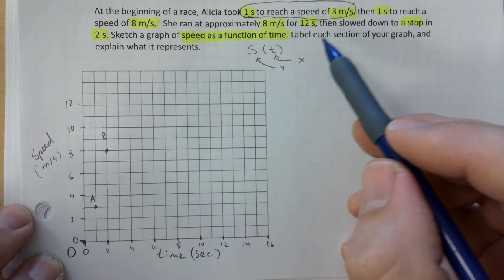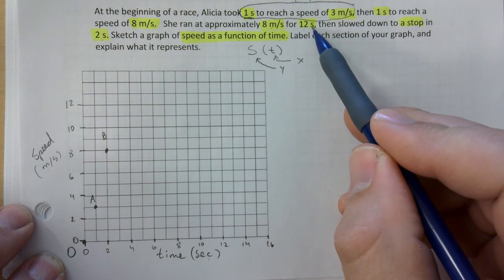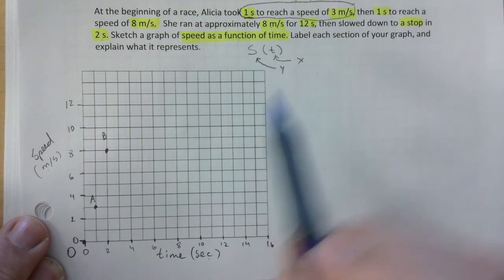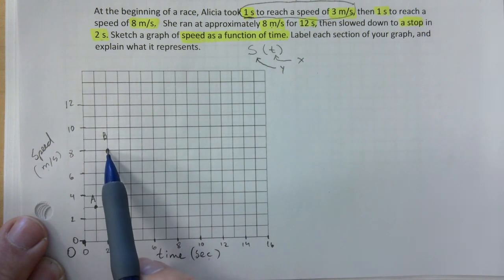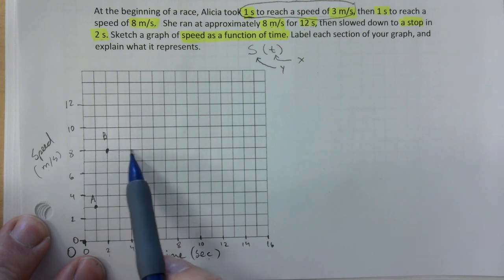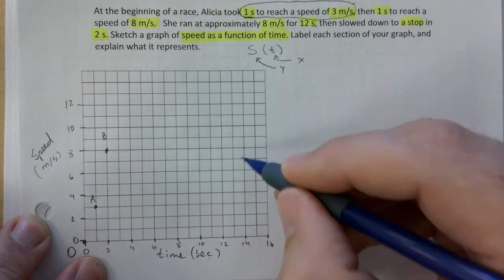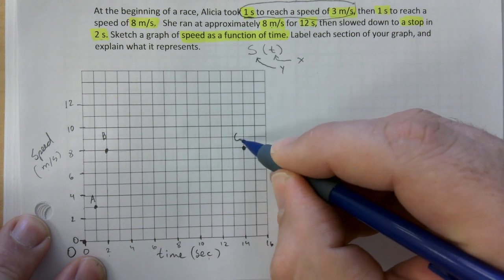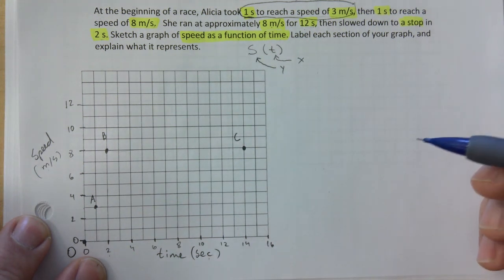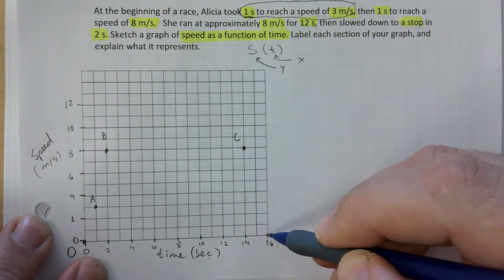Then, she ran 8 meters per second for 12 seconds. So you're staying at that speed for 12 seconds. So if you start at 2 and you add another 12, that gets you to 14 right here. That's C. And then it took 2 seconds to come to a stop. So this would be D right here.